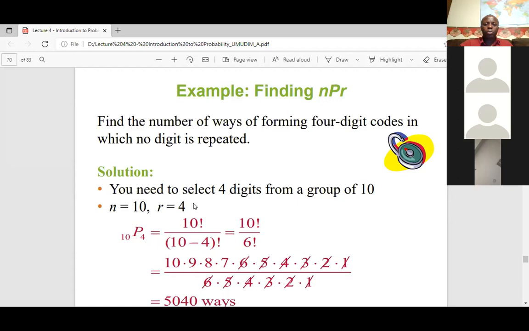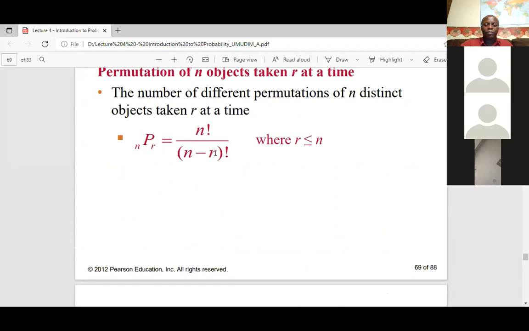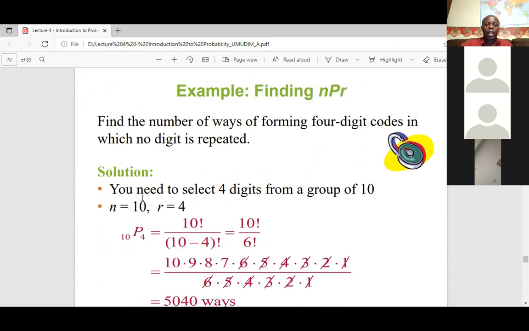So what you're going to do is use the formula here, n is 10 and r is 4, because it's a 4-digit code out of the 10 digits that we have for numbers. That is the formula way of doing it, but we're going to use the calculator.